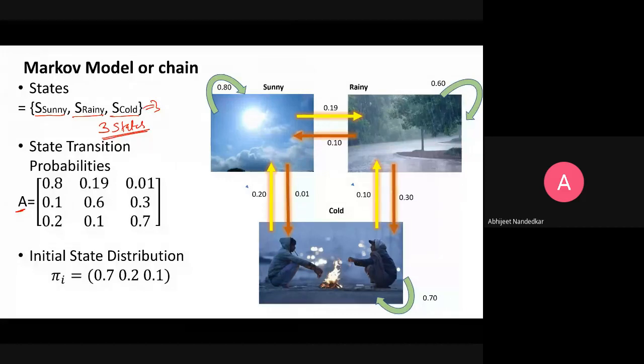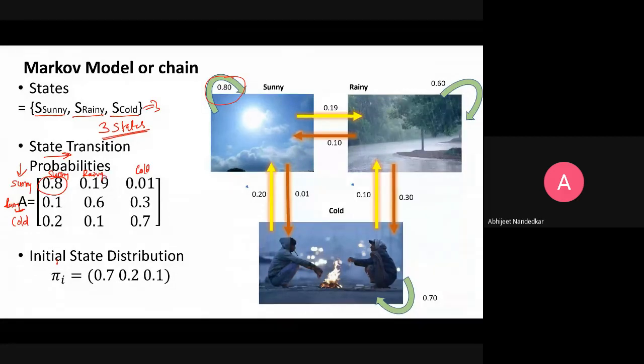Here I am writing 0.8, which is the probability of sunny to sunny. Here I should write sunny, then rainy, then cold, and similarly sunny, rainy and cold along the other side. So 0.8 indicates the sunny to sunny transition. This is the current state and this is the next state.